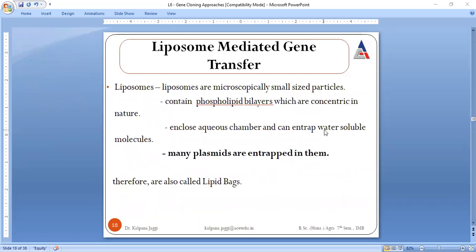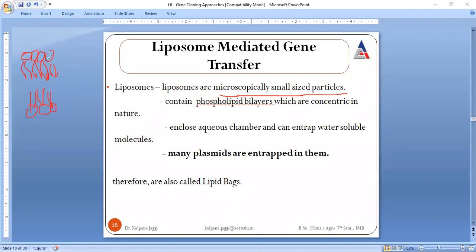Then third is the liposome mediated gene transfer. Liposomes are what? Liposomes are microscopically small particles, and because these are liposomes, they have a membrane, a double layer membrane, that is said to be a lipid bilayer, which is concentric in nature.